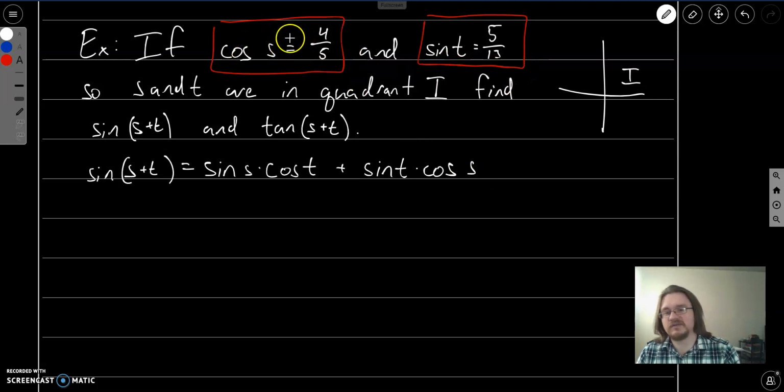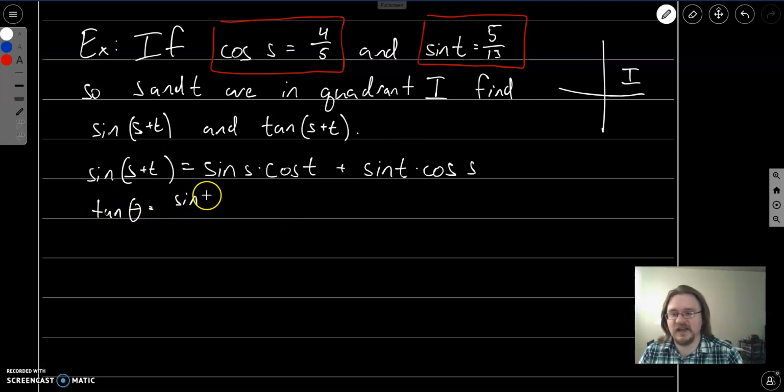Which we know cosine of one and then sine of the other, so we'll just have to figure both of those out. And luckily, if we know the sine and cosine of both of them, the tangent of any angle is just sine divided by the cosine. So if we know both the sine and cosine of S and T, we know the tangent of it.